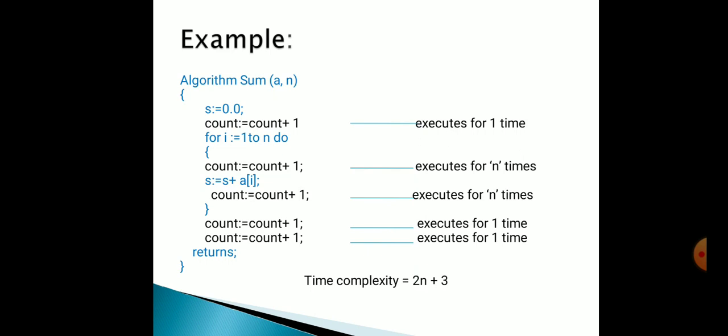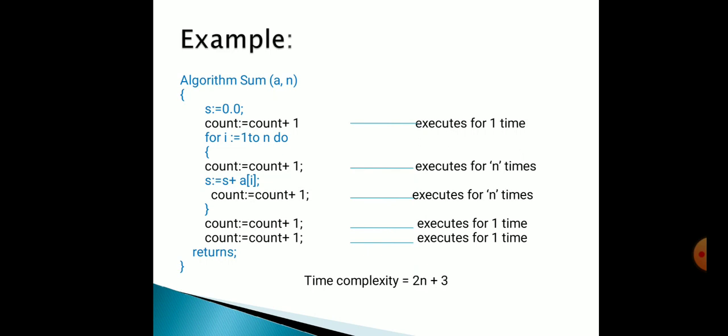Now we need to identify how many times the count statements are executed in total. The first statement s is equal to 0 is an executable one, and the count statement after s is equal to 0 is executed only one time, and our for loop is executed for n times.